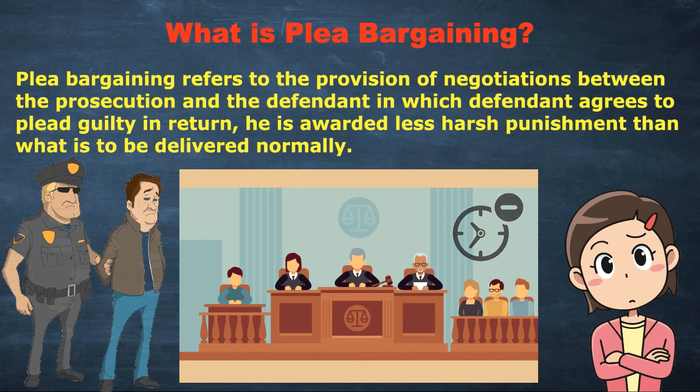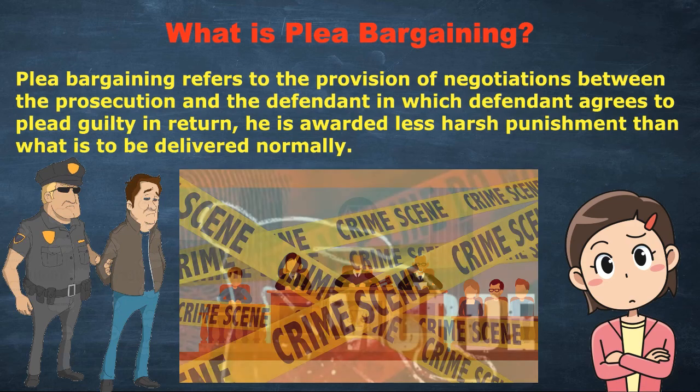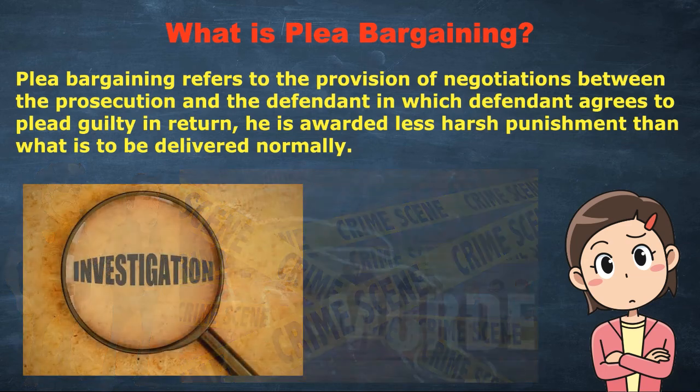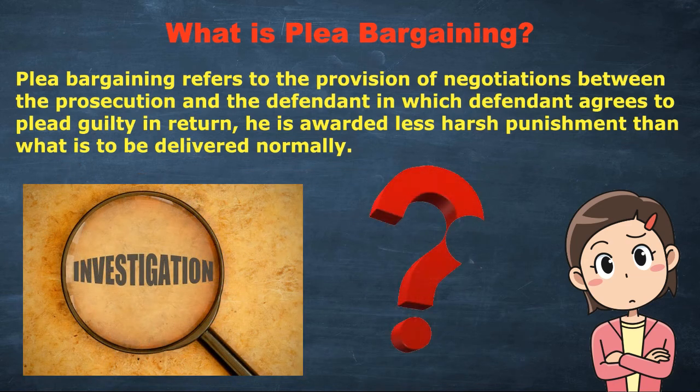I hope you understood the whole process of the steps of trial in case of offenses or crime in India. Okay, in the previous video I discussed the police investigation and also the difference between investigation and inquiry.